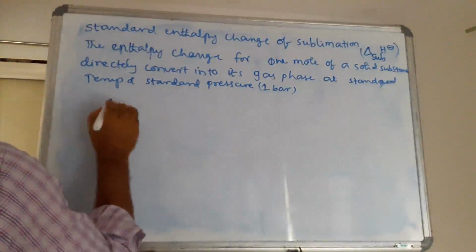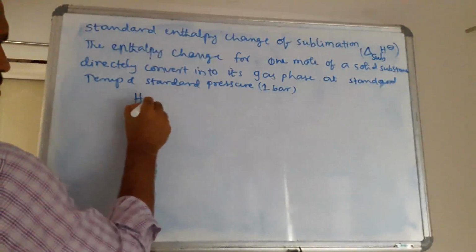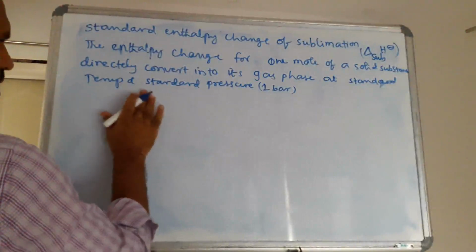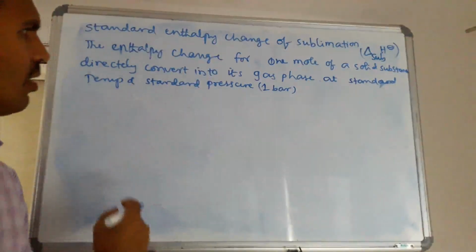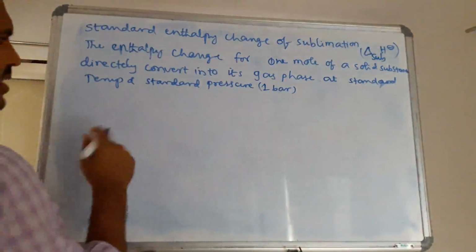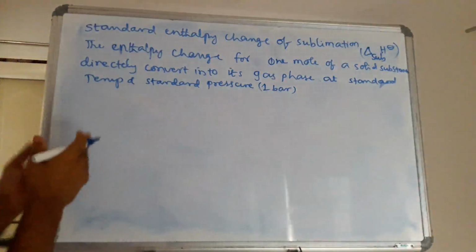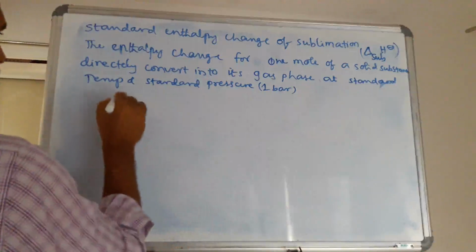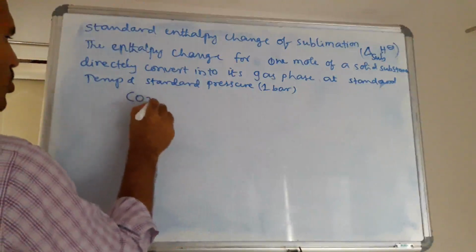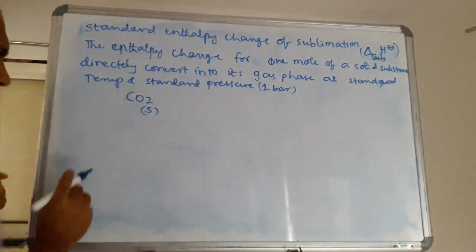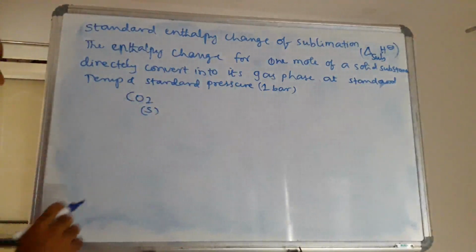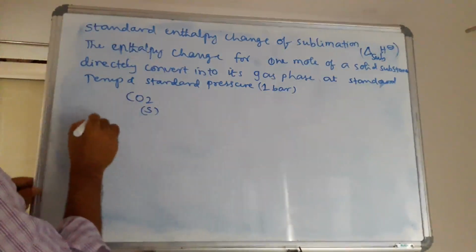Now, in this conversion, H2O directly converting into gas is not possible. Therefore solid directly converting to gas is not possible for it. If converted to liquid, liquid to gas is possible. But we know that solid CO2 is one more very important question, very important for competitive exams also.